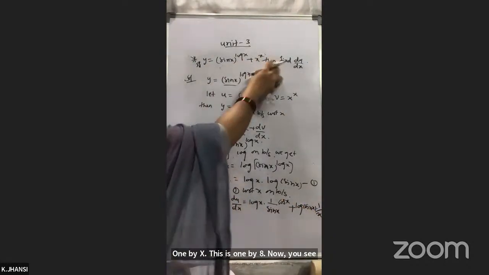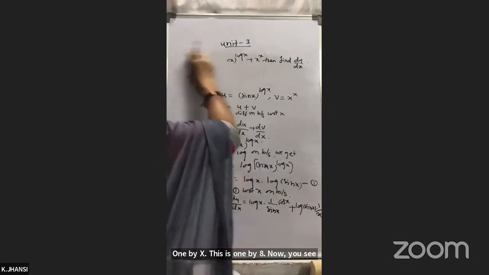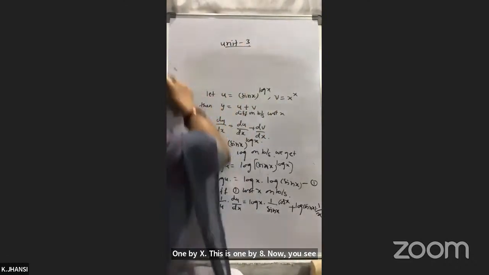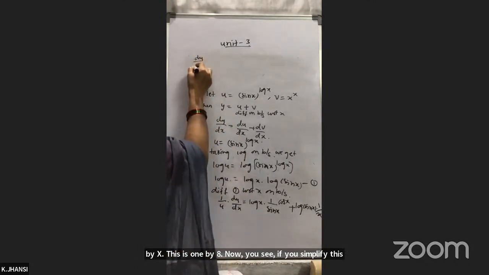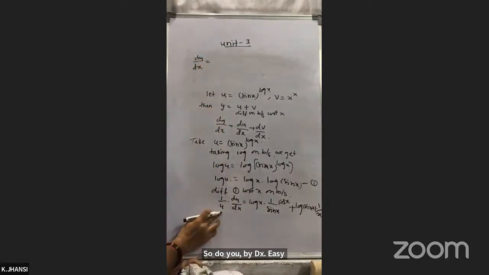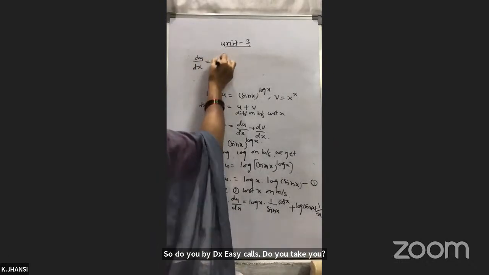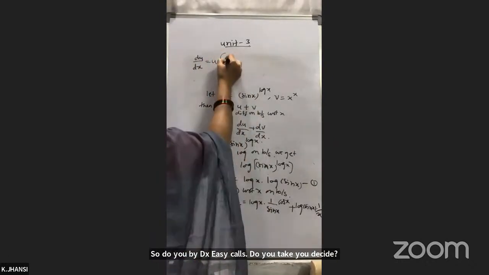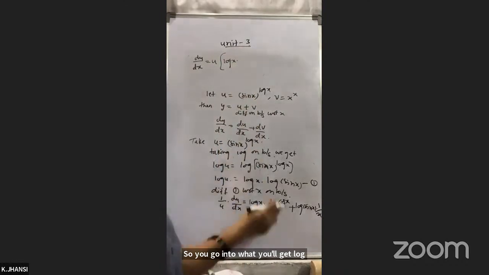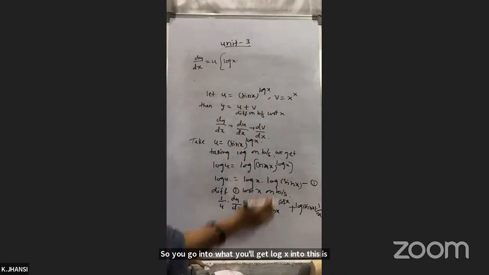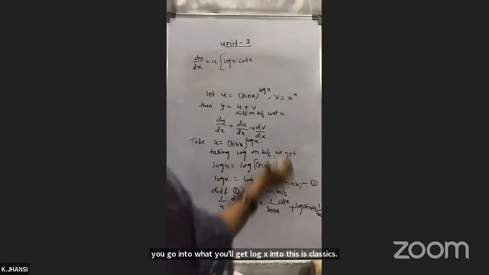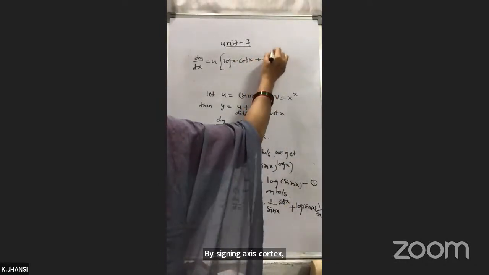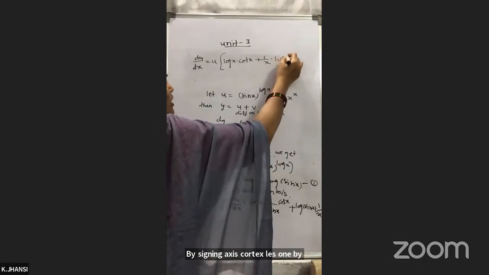Now if you simplify this, du by dx equals, you take u to this side, so u into log x into cos x by sin x, and cos x by sin x is cot x, plus 1 by x into log of sin x.